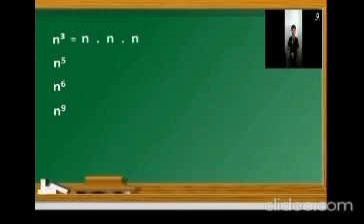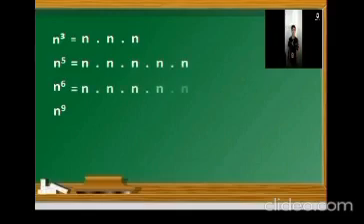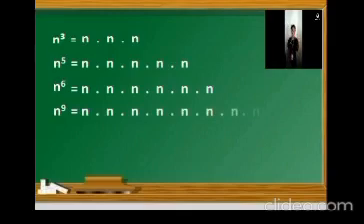The factor of n raised to 5 is n times n times n times n times n. And the factor of n raised to 6 is n times n times n times n times n times n. And n raised to 9 is n multiplied nine times.